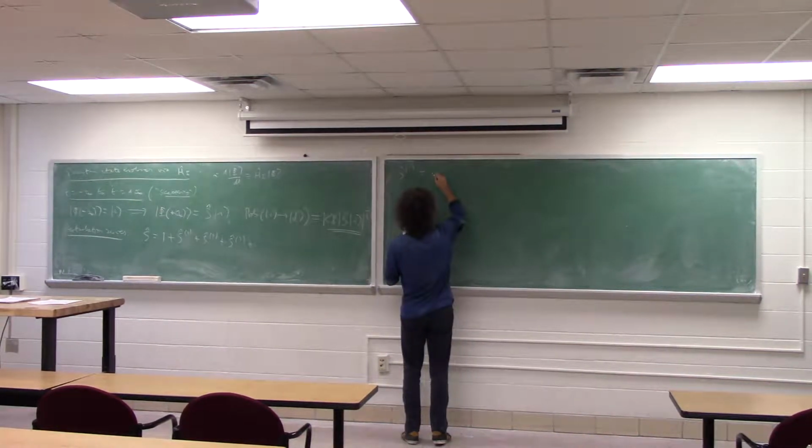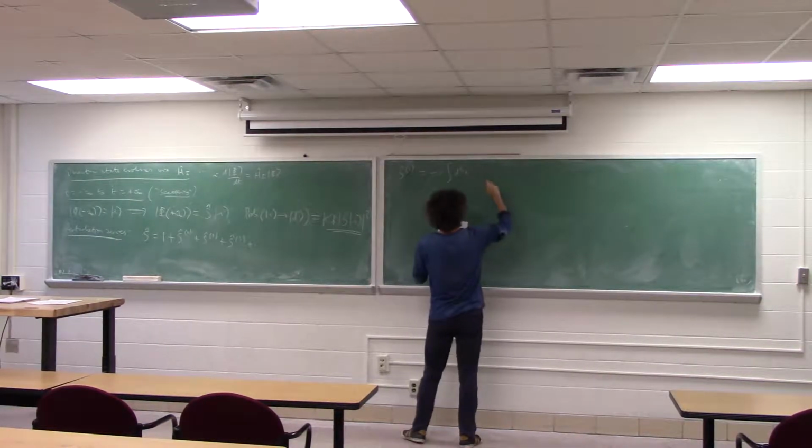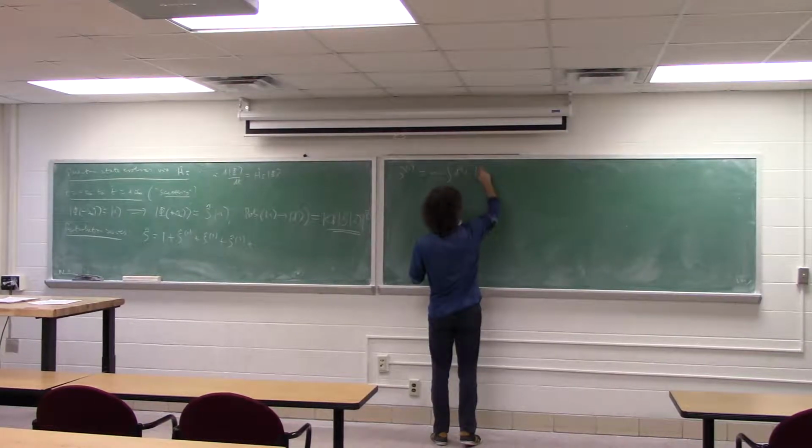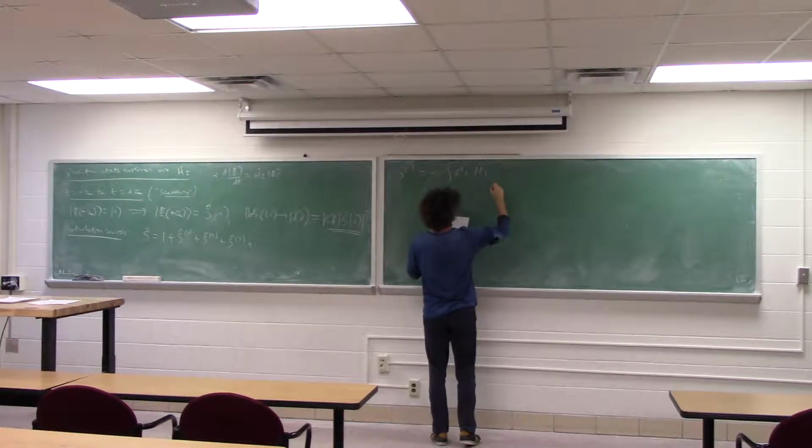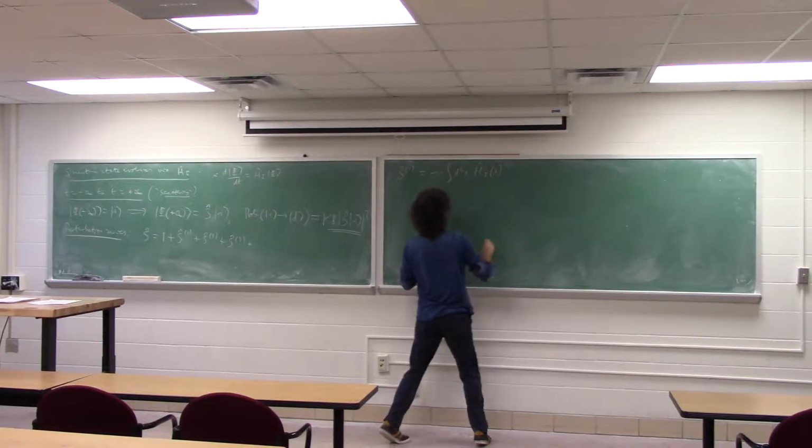looks like this: minus i, the integral over space-time of the interaction Hamiltonian density.